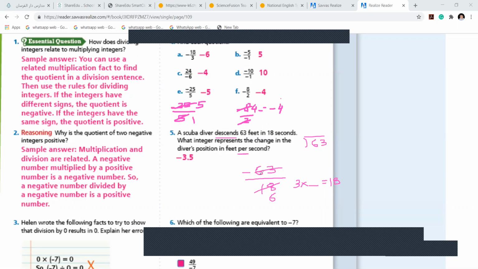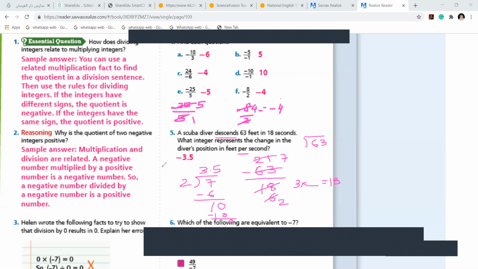So 3 times 2. I'll just write 2 above 6. 3 times 2, 3 times 1. Now 3 times 2 is 6, 3 times 7 is 21. I got 7 over 2. 2 times 3 is 6, remainder 1, point 0. 2 times 5, 10. Your answer is 3.5.